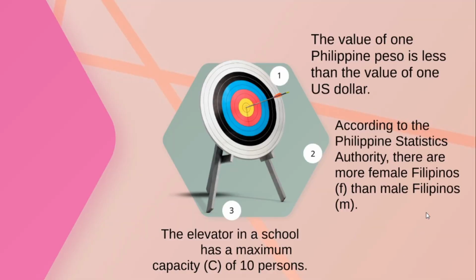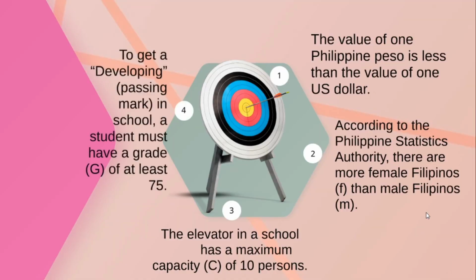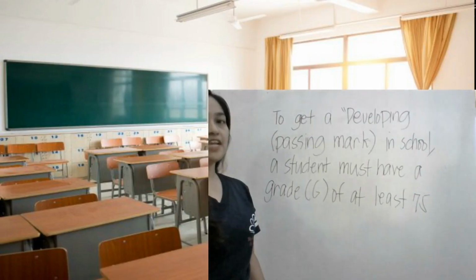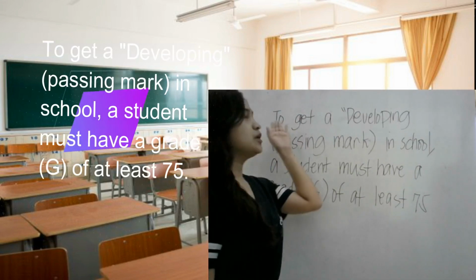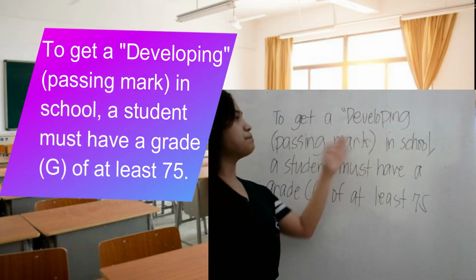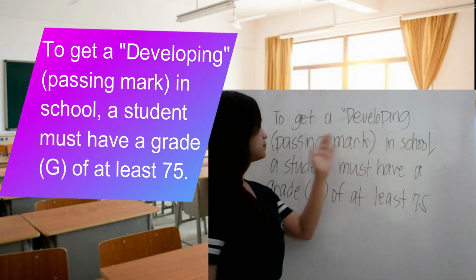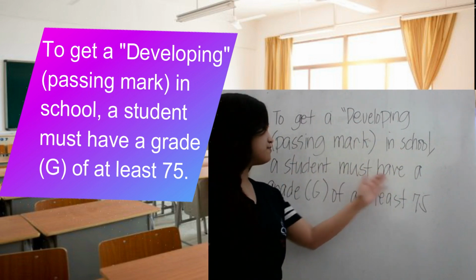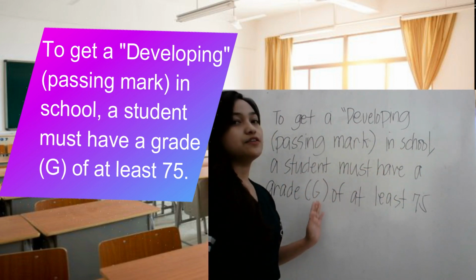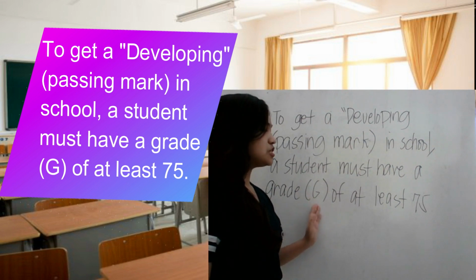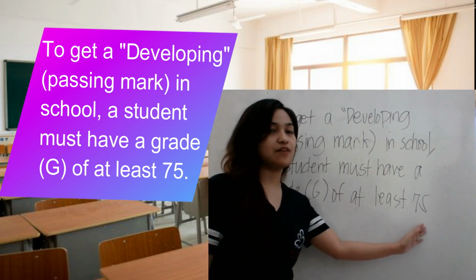And for the last, to get a developing passing mark in school, a student must have a grade represented by variable G of at least 75. Example, we have, to get a developing passing mark in school, a student must have a grade represented by variable G of at least 75.